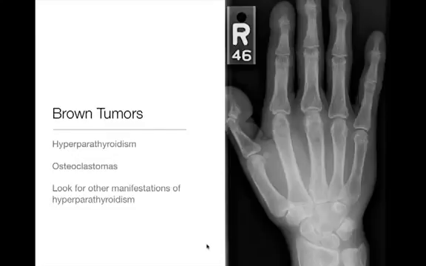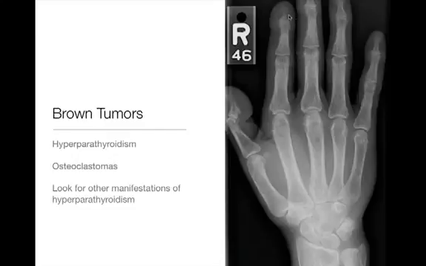One of your clues that you're dealing with a brown tumor is to look for other manifestations of hyperparathyroidism, which are often pathognomonic, such as in this patient right here, we see subperiosteal resorption along the radial aspect of the middle phalanx of the second and third digits, as well as some band-like resorption of the distal phalanx here.